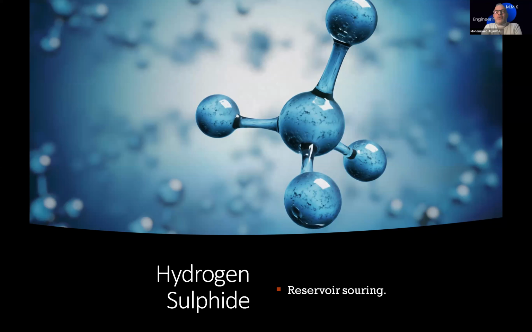You have to know your reservoir characteristics. So you are going to do a field development plan for this field to produce from it. So you need to know the PVT of this field.